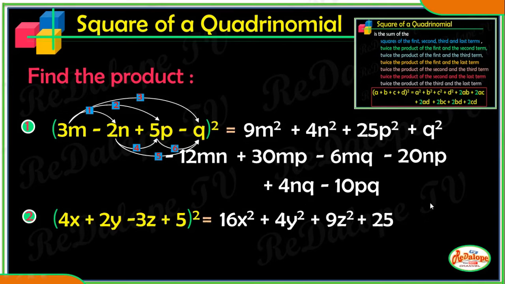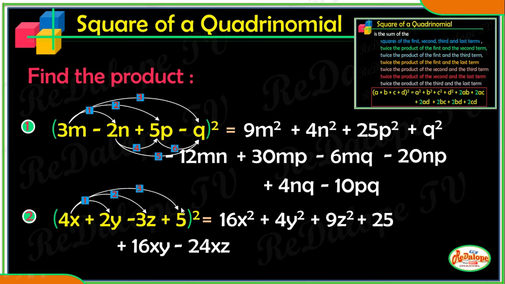And then for the fifth term, we have 4x times 2y, so we have 8xy times 2, so that is 16xy. 4x times negative 3c, so that is negative 12xc, multiplied by 2, so that is equal to negative 24xc. 4x times 5, so we have 20x times 2, so that is 40x.